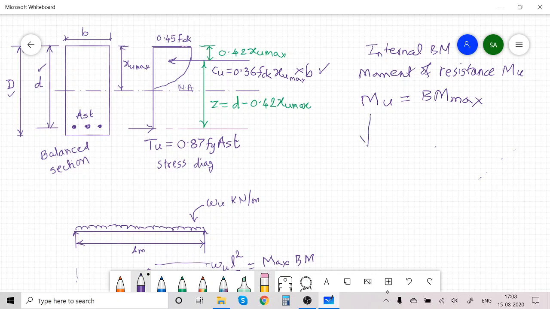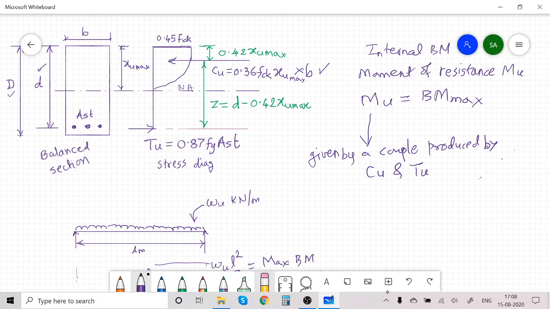This Mu is given by a couple produced by Cu and Tu.